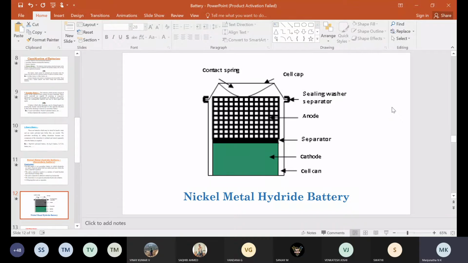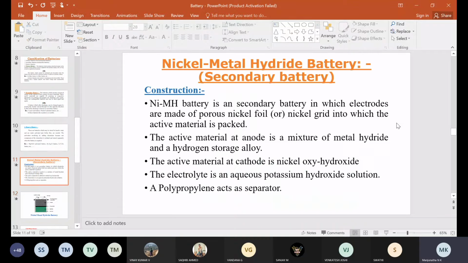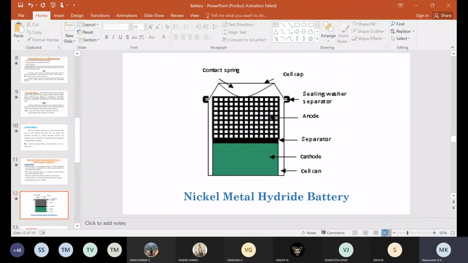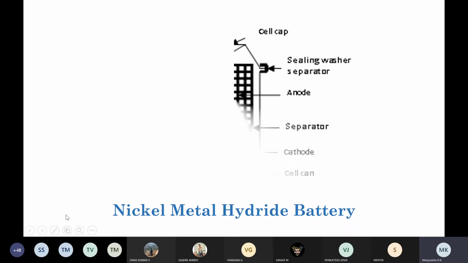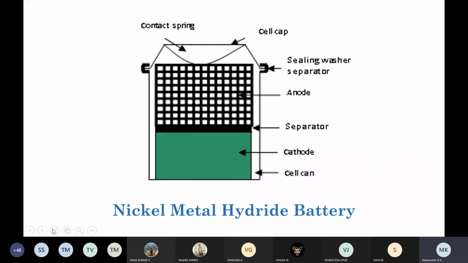The nickel metal hydride battery consists of two nickel foils. See, this is one nickel foil or nickel metal.